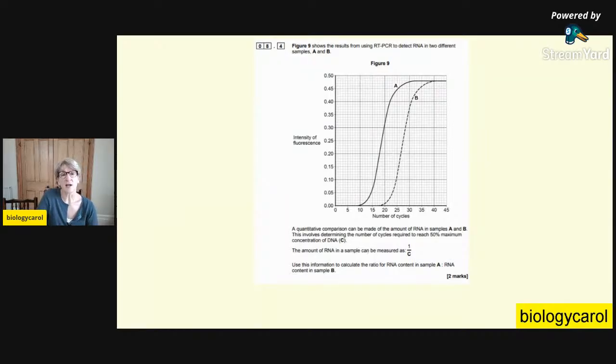So we have 2 different samples here. Intensity of fluorescence shows an exponential increase, not surprisingly, because every cycle of PCR doubles the amount of DNA being produced. Hopefully that makes sense.